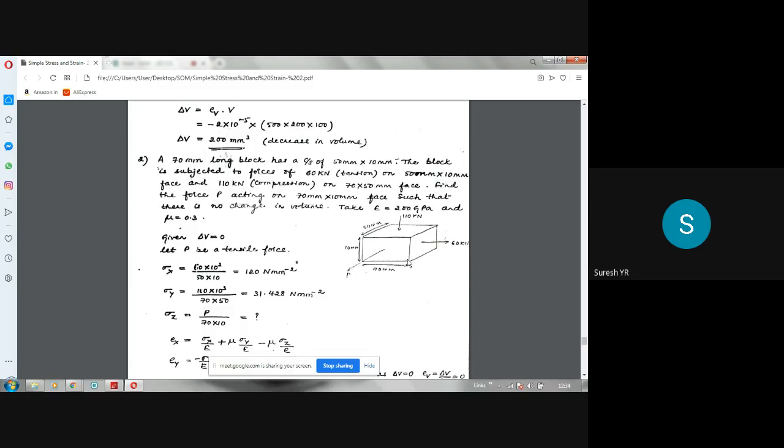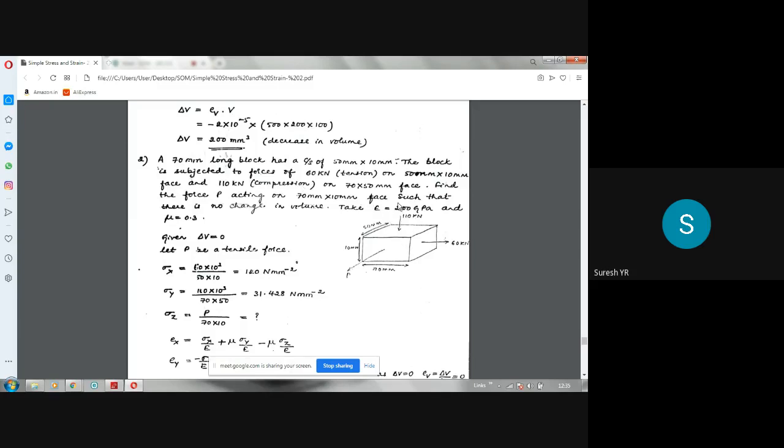The 60 kilonewton is acting as tension here, and there is a 110 kilonewton compression on the 70 by 50 mm face. So this is 70, this is 50. On this face, you have a normal force of 110 kilonewton compression. It is a compressive force towards the block.